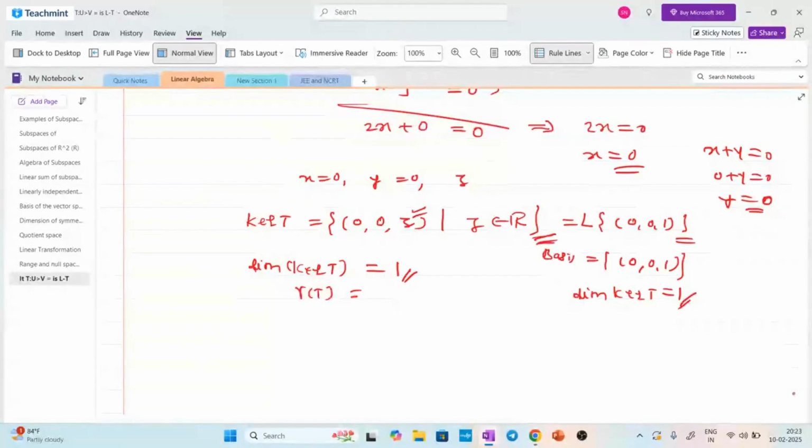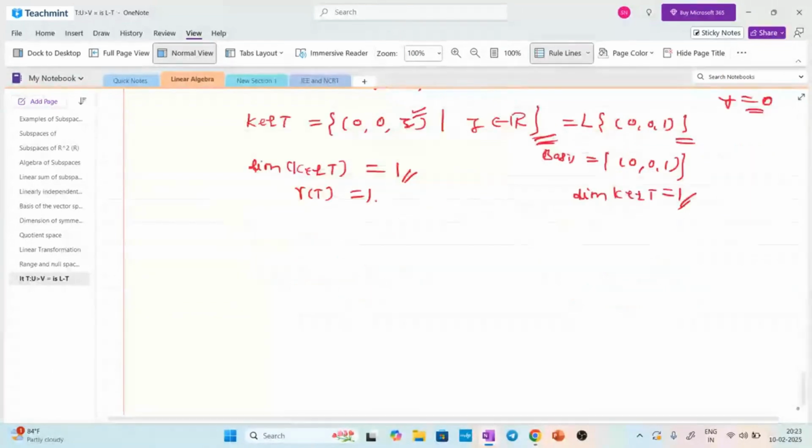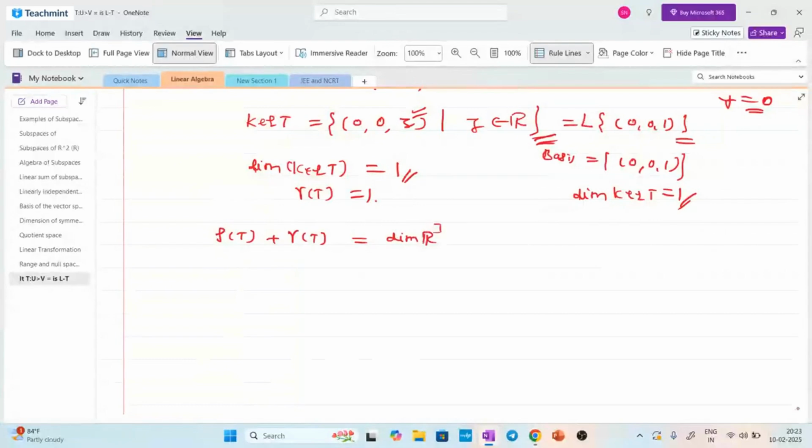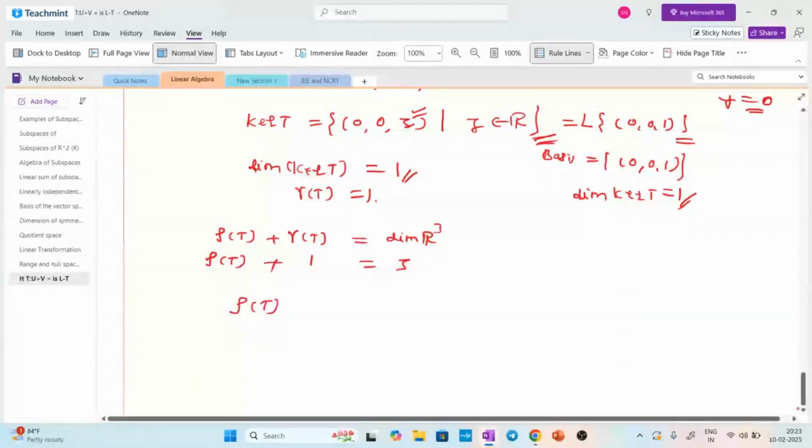Now I will use the rank nullity theorem here. Rank of T plus nullity of T is equal to the dimension of R3. The dimension of R3 is 3. The nullity of T came as 1 and the dimension of R3 is 3, therefore the rank of T is 3 minus 1, which is equal to 2.